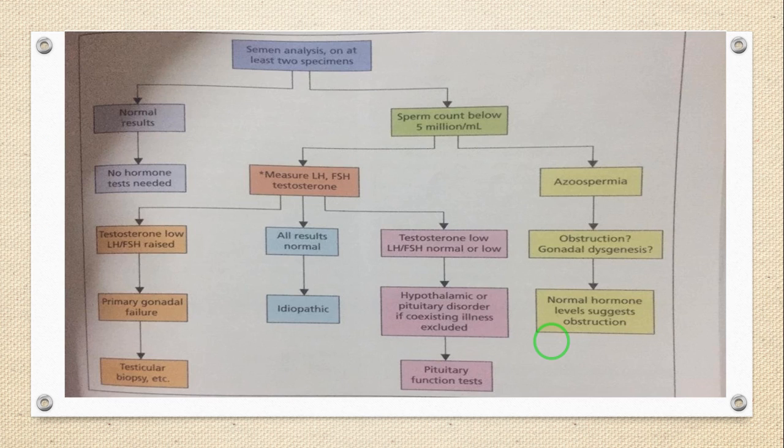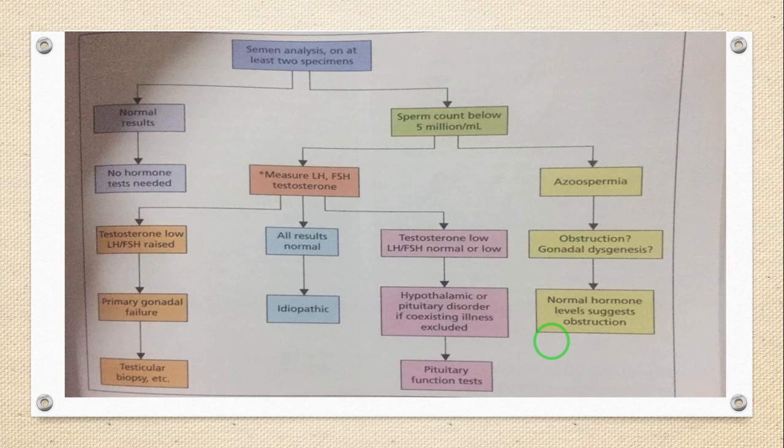This is an algorithm. If we suspect that a patient has any abnormality in the reproductive system, we usually start with the seminal fluid analysis, and it is not acceptable to do it once. At least we need 2 specimens on 2 different occasions to give a proper result.